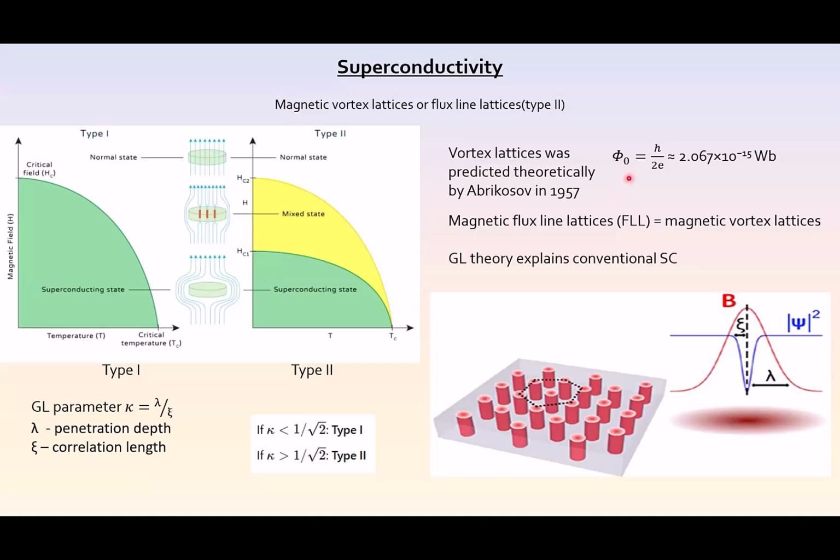Each vortex is a magnetic quantum formed by rotating current, and because of the interaction of these magnetic vortices, they form different structures. And these structures we can study using neutron scattering.